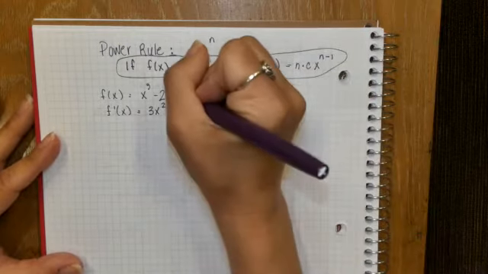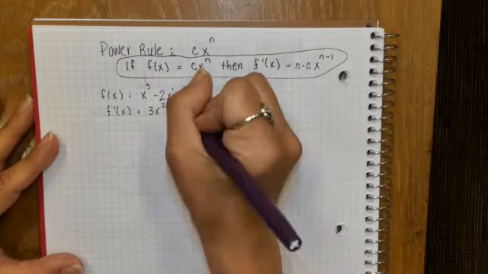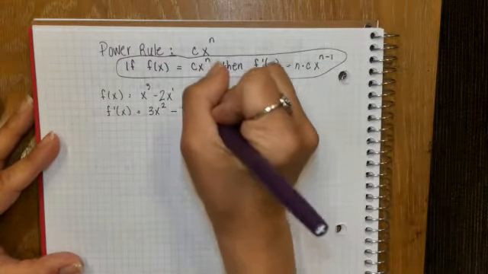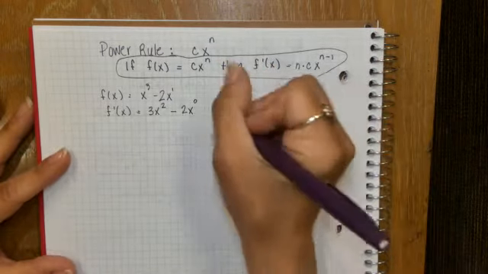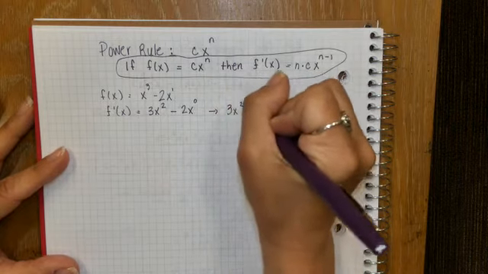Minus, pretend there's a 1 there. Bring the 1 down in front and multiply it by 2. Decrease the power by 1, which would be 0. And of course, anything to the 0 power is 1. 3x squared minus 2.